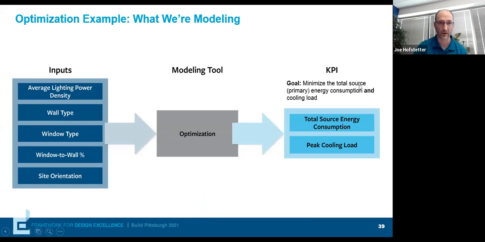So if we take all those inputs that we are talking about, we run the optimization and we focus in on 2 KPIs, then we're going to be able to graph our results of all the different ranges of all those different inputs. In this case, what we're going to talk about is the total source energy consumption versus the peak cooling load. You would think that these would go hand in hand, but it doesn't always work out that way.